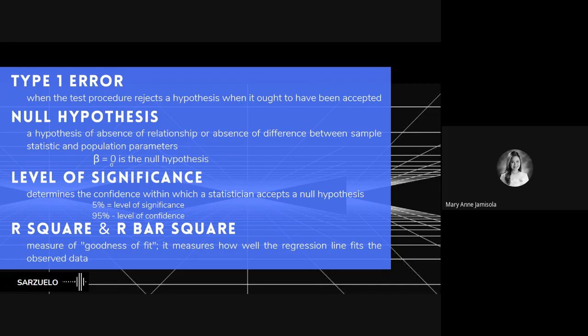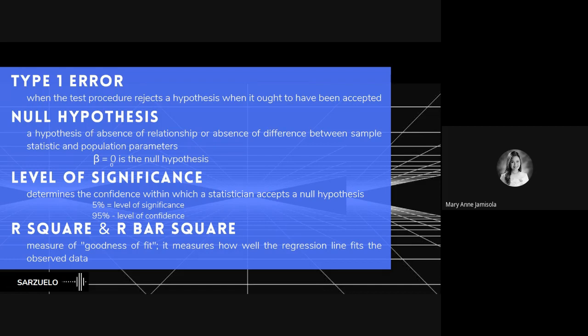Next, we have null hypothesis. It implies a neutral and non-committal attitude of the statistician in testing the hypothesis. It is a hypothesis of absence of relationship or absence of difference between sample statistic and population parameters. Next, we have level of significance.